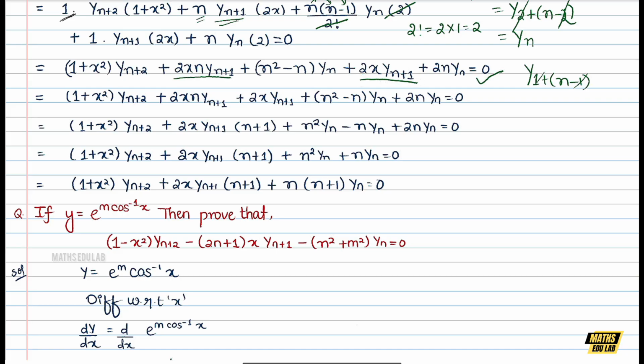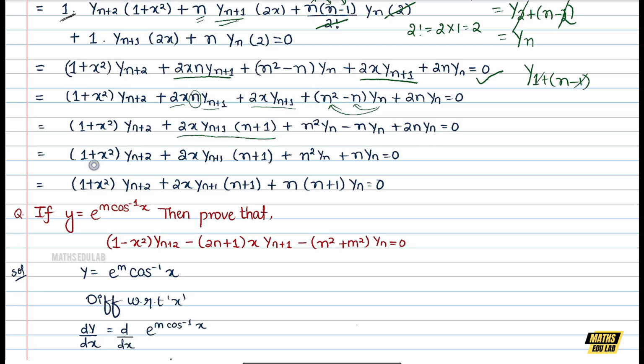So here the common term is nothing but 2x yn, and here also we have 2x yn. On taking common, I can write the step here as 2x yn plus 1 as common. Here n is present and here no value is present, so n plus 1, and then multiply this yn to both the values, then it will be written as n square yn minus n yn plus 2n yn is equals to 0.